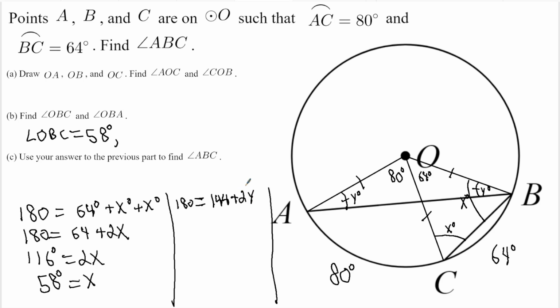All right, so then we will subtract 144 from both sides of the equation. 180 minus 144 is 36. That's going to be equal to 2y. Divide by 2 on both sides, and that angle y is going to be equal to 18.